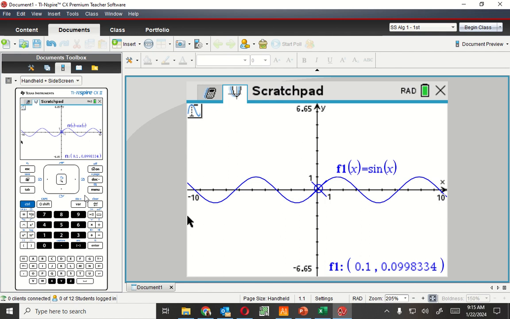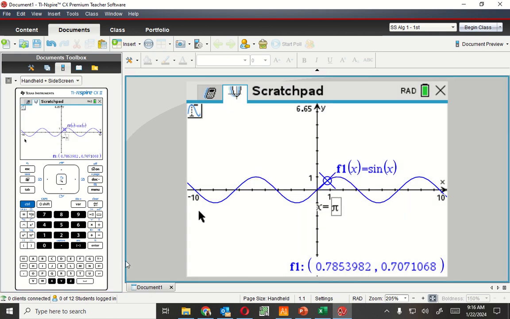So after 0.1, 0.4. So 0.4. There we go. Next one is what, pi over 4? 0.5. Then pi. You can type in pi. You can just type in the letter pi, or pi is down here in the bottom left.